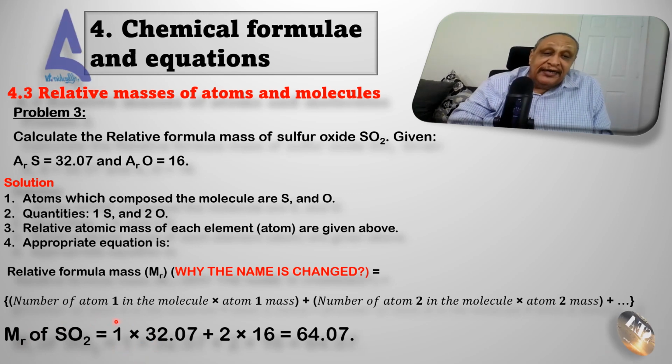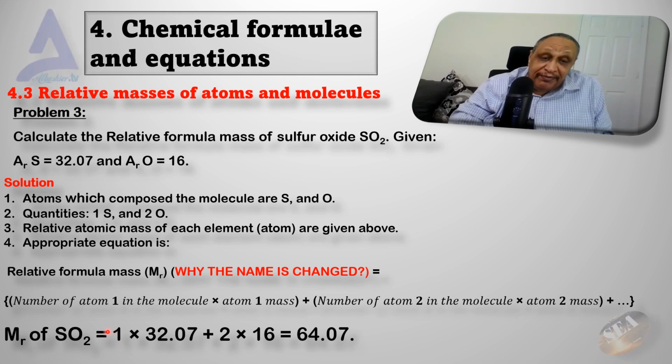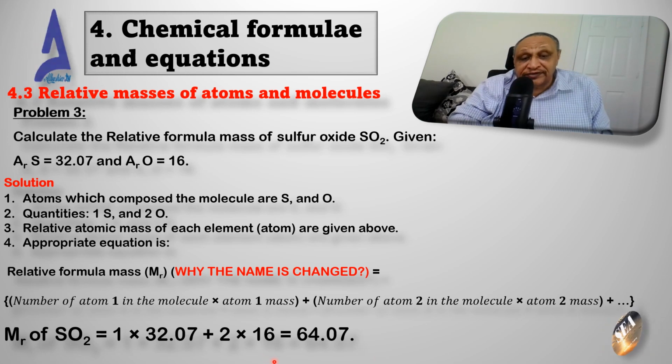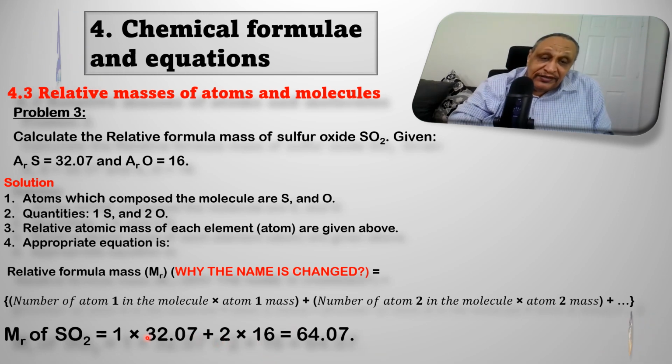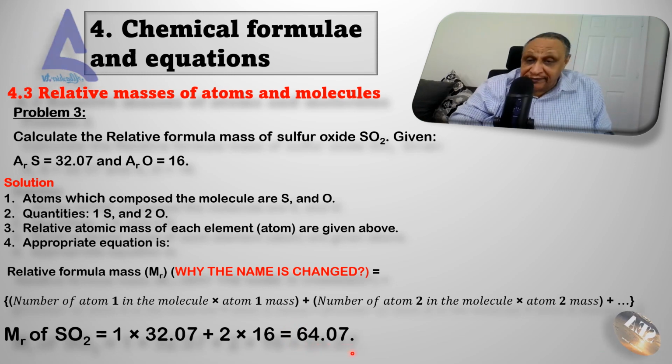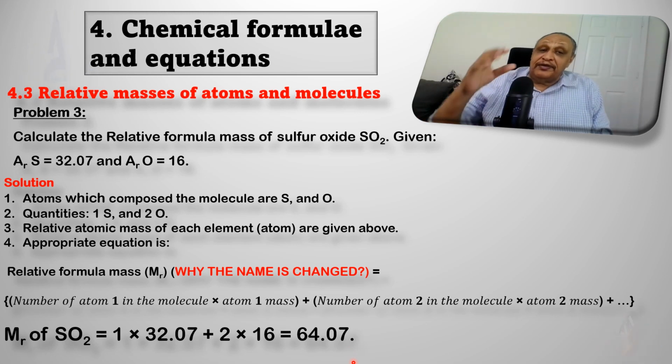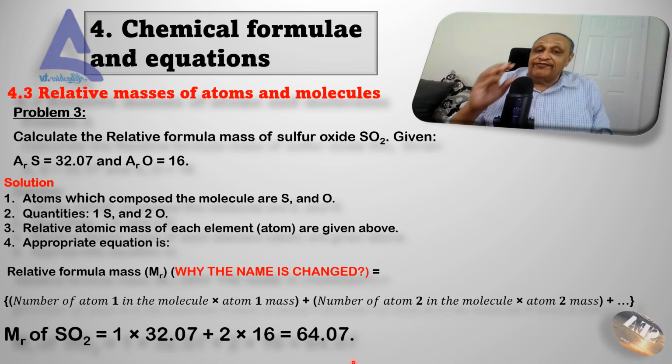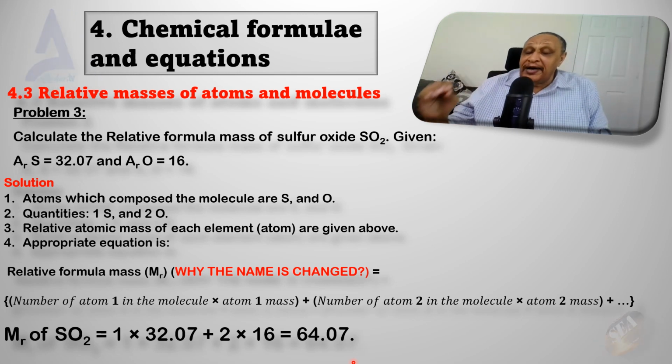Atom 1 is only 1, multiplied by its mass, plus the 2 oxygen atoms multiplied by 16, the mass of oxygen. When you add these together, the total is going to be 64.07.